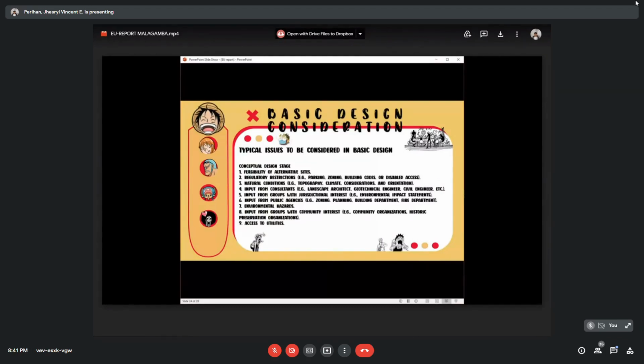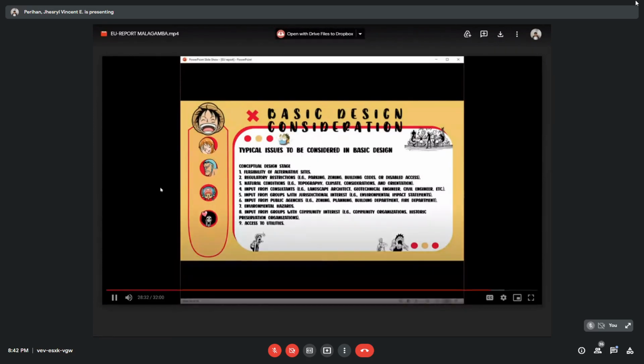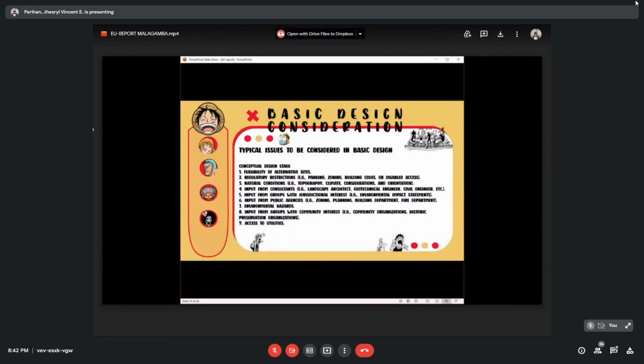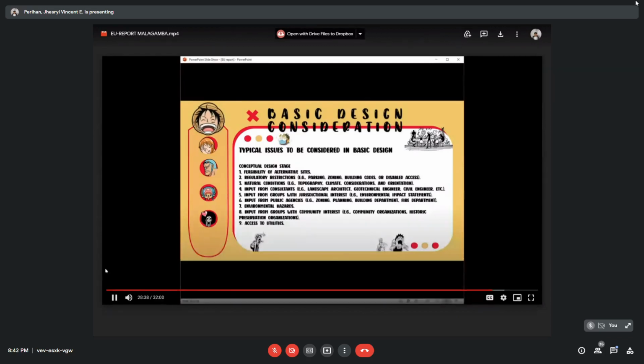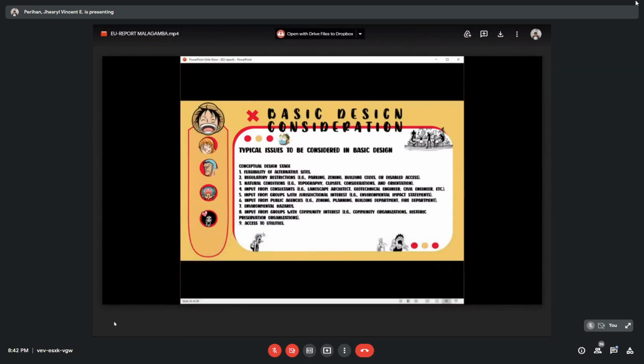Fifth, input from groups with jurisdictional interest, for example, the environmental impact statements. Sixth, input from public agencies such as zoning, planning, building department, and fire department. Seventh, environmental hazards.